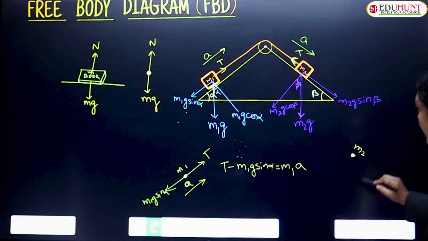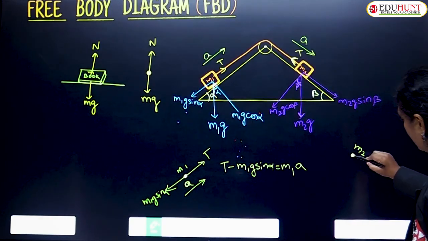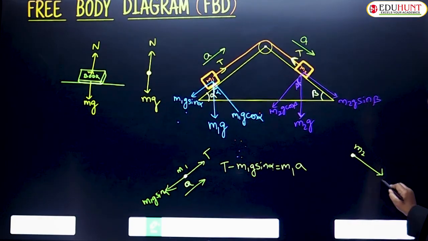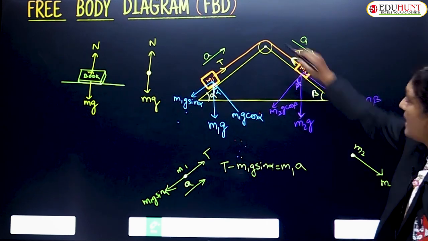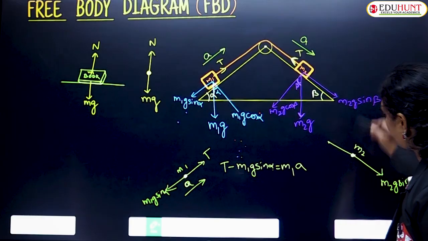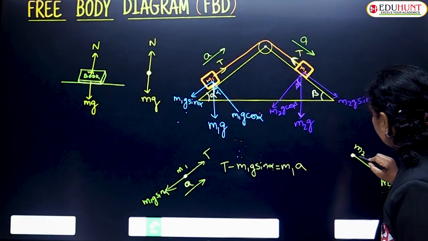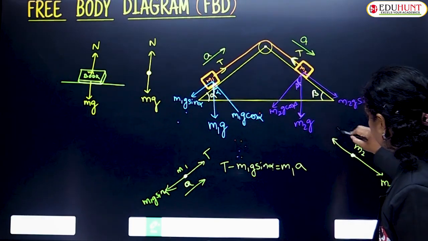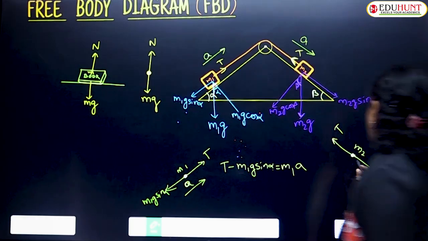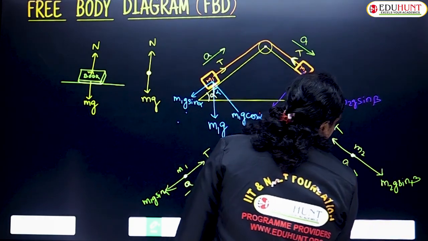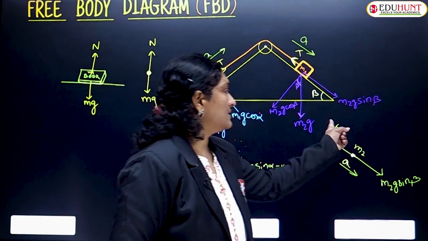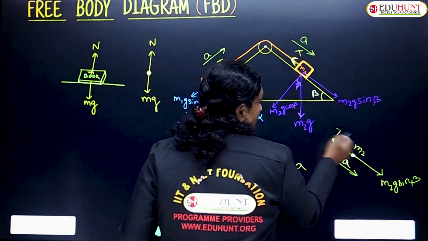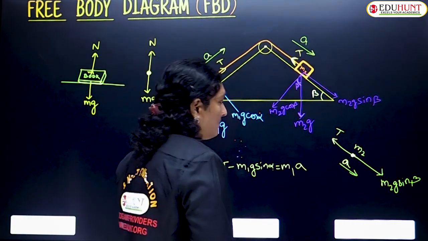For this mass m2, as it is accelerating downwards, the downward force is m2g sin beta, whereas the upward force is T, but it is accelerating in the downward direction. Hence the net force here, the downward force, is larger when compared to the upward force.